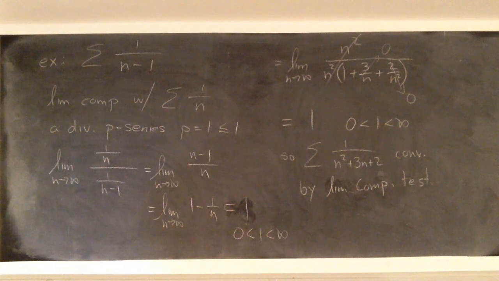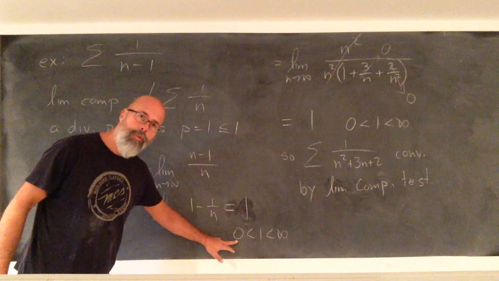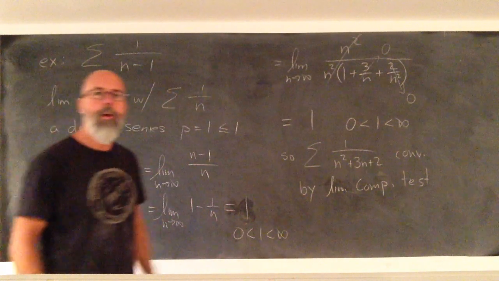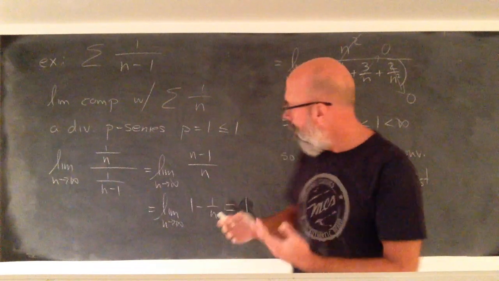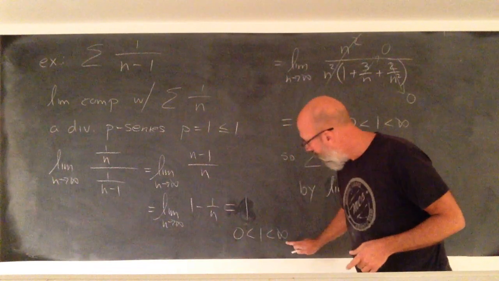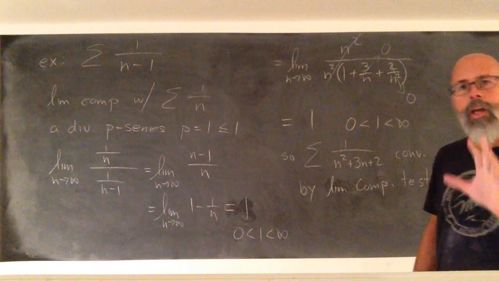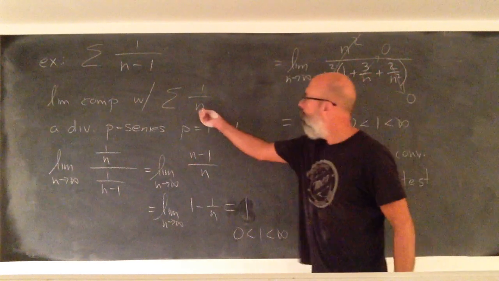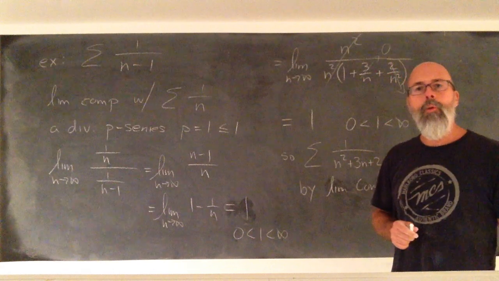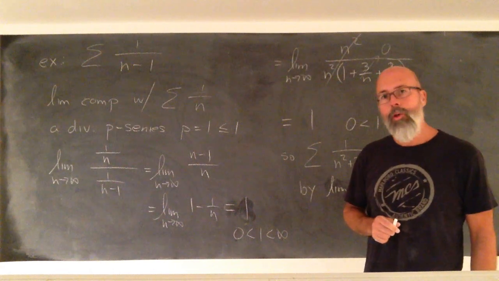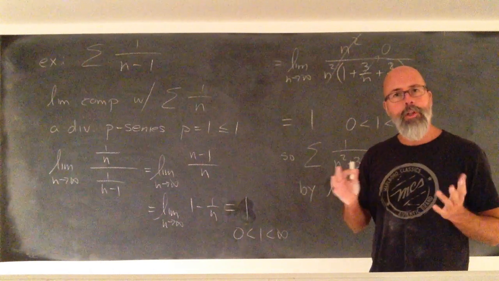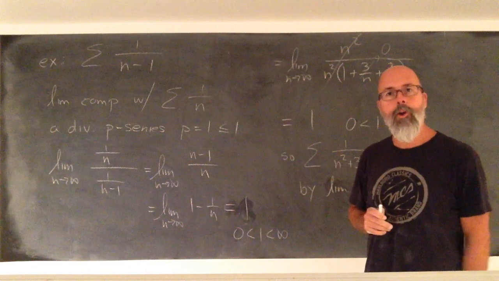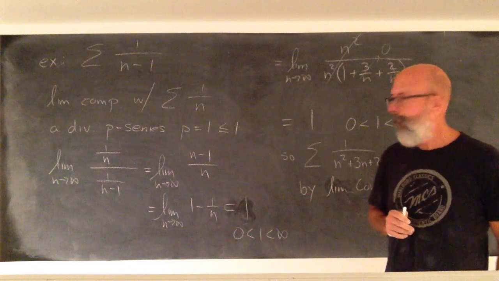Right? In the limit comparison test, you have an issue if you have a limit of 0 or infinity. You want to stay away from those. What does that mean? If you get a limit of 0 or infinity, it usually means you did not choose the right series to compare it to. You either chose it too large or too small, depending on which one you put on top, which one you put on the bottom.